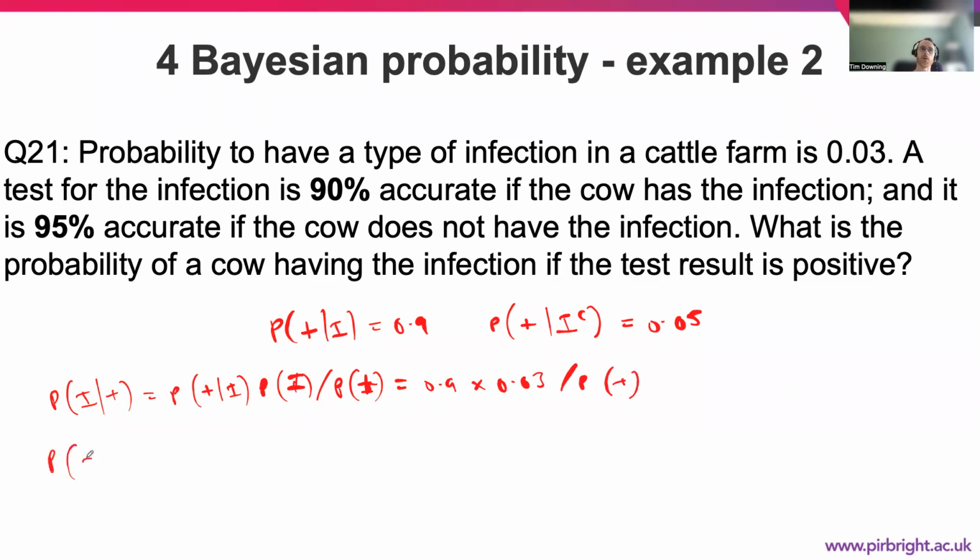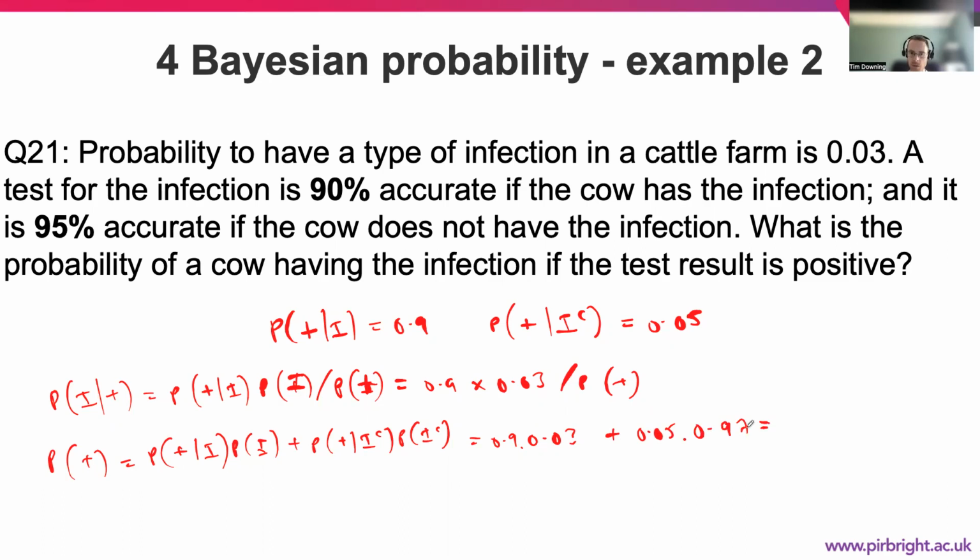And as before, the probability of being positive is equal to the probability of being positive given that you're infected, by the probability of infection, plus the probability of being positive if you're not infected, by the probability of being not infected, which is going to be 0.9 by 0.03 plus 0.05 by 0.97, which works out at, if I can read, about 0.01, which we can therefore put in here.